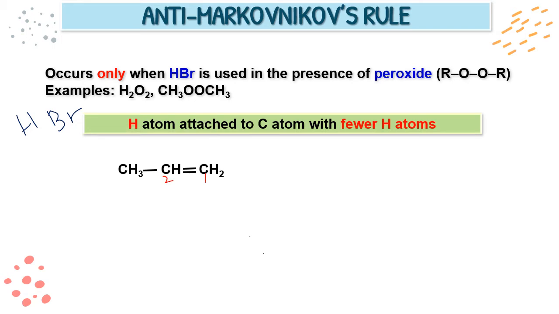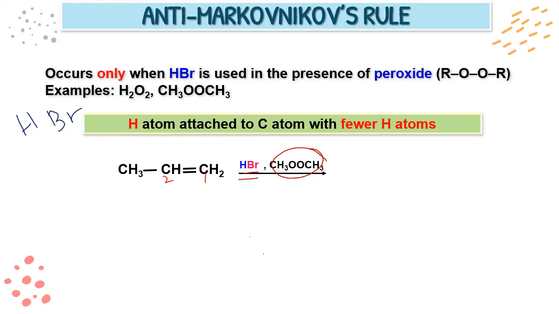The hydrogen will be added to carbon number 1 and bromine will be added to carbon number 2. This is true if it follows Markovnikov rule. But once the reaction occurs in peroxide, meaning you have HBr in peroxide, this is not valid.